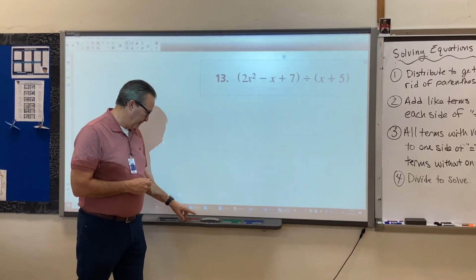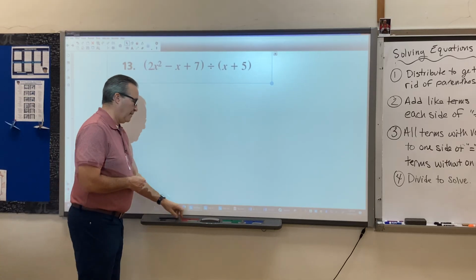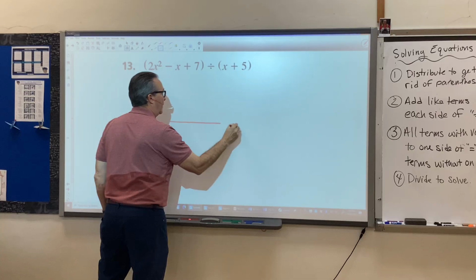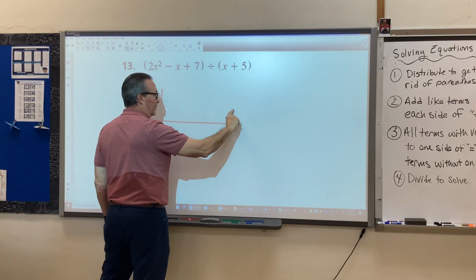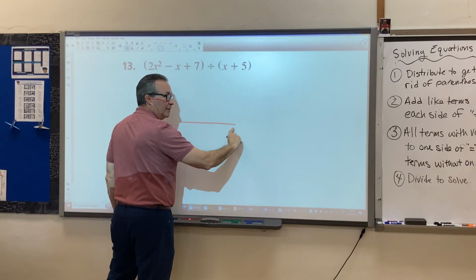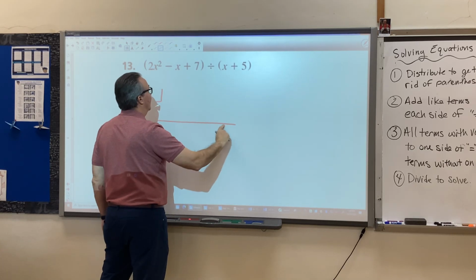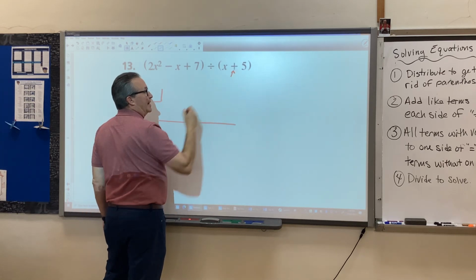So synthetic division is set up a little differently. We're going to have a line of numbers here, a line of numbers here, and a line of numbers here. This is like 3 rows of numbers, okay? Number goes in the box, it's the value of x that makes that 0.